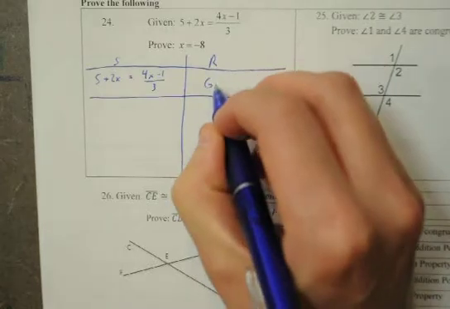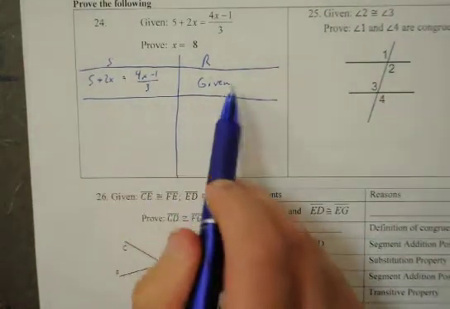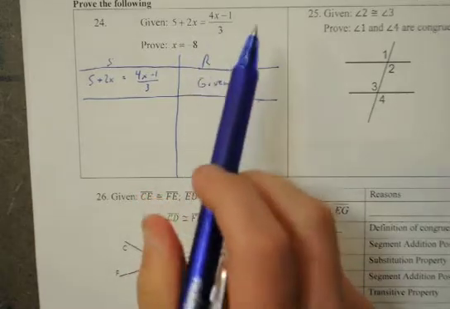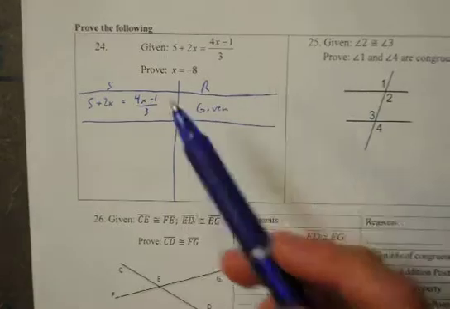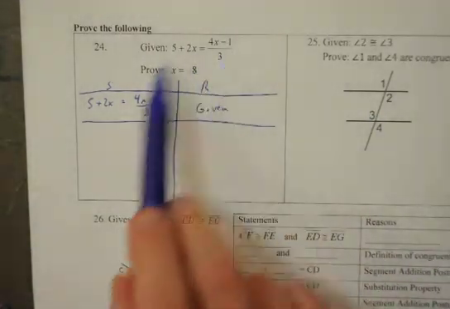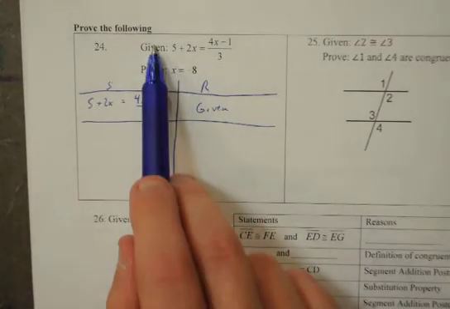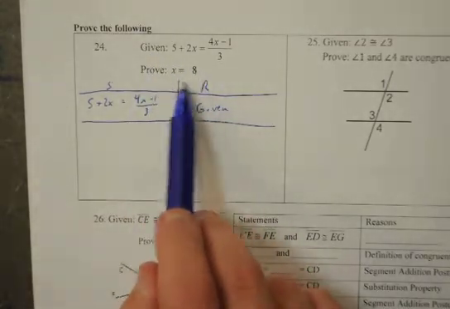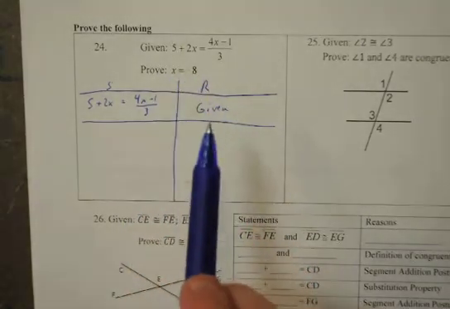You always start with some piece of knowledge, and it has to be given to you, because, I mean, is this true? Is this equal to that? I don't know. Sure, let's go for it. Let's see what we get. Let's use this information to prove this information. Use your given to make your proof. Now this is going to be the last line. It's nice because we know what the answer has to be.